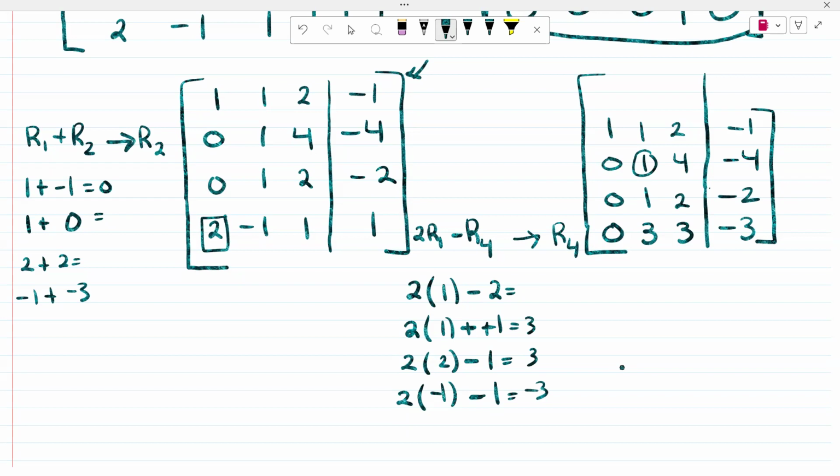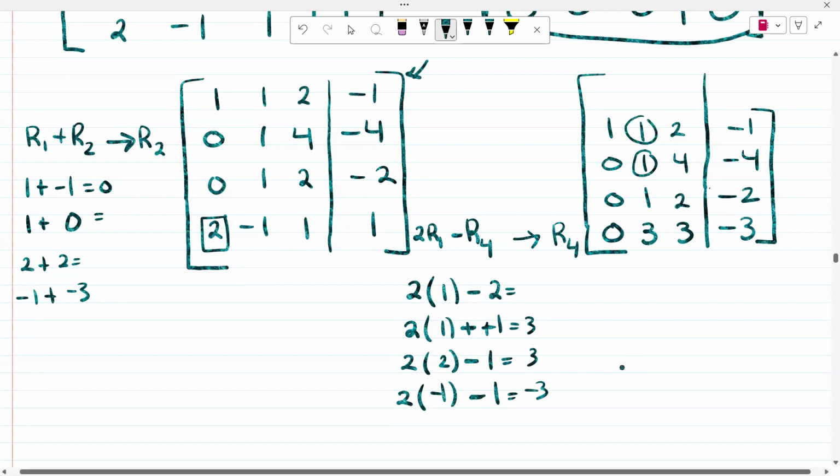So everything below the 1. So look at the second column. Everything below this 1 should be 0. Everything above this 1 should be 0. So what would I do next? Maybe what I would do is make this 1 into a 0, right? This one is fine. We want this to be 1. Don't touch this.